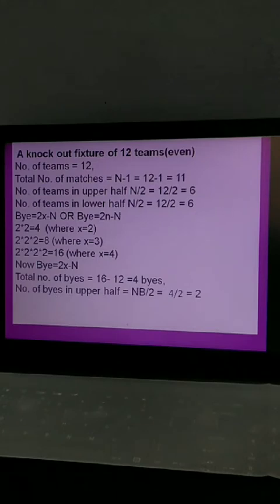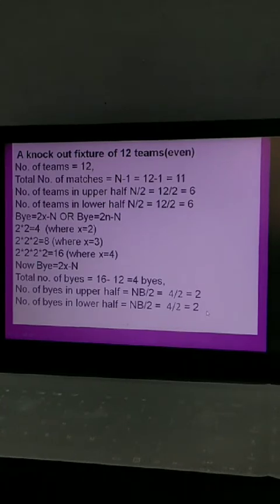The number of byes in the upper half is number of byes upon 2, which is 4 upon 2 equals 2, because there is an even number of byes. So again the formula is number of byes upon 2 for the upper half, and for the lower half number of byes upon 2, and 4 upon 2 equals 2.